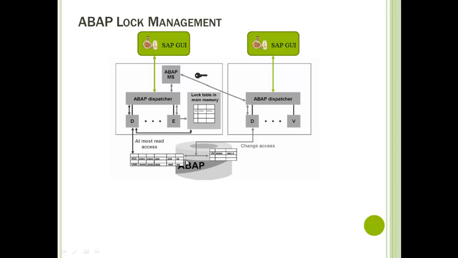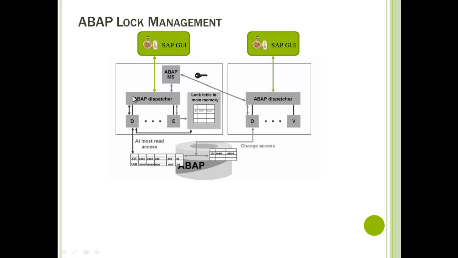For example, a user wants to execute some dialog steps. Let's say this is the dialog work process which wants to execute some process which will have a lock table. At that time, the dialog work process sends the request to the NQ work process through the dispatcher.